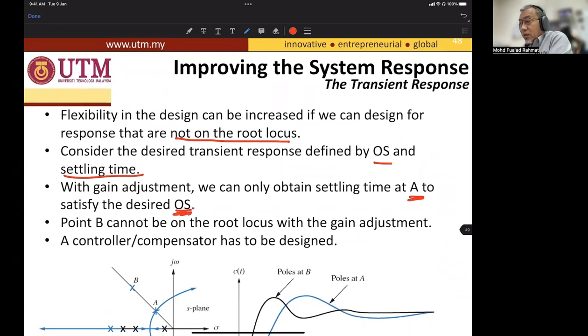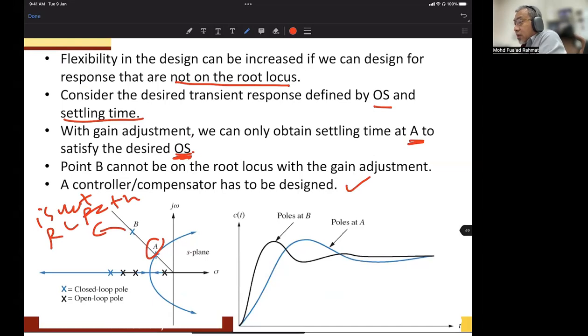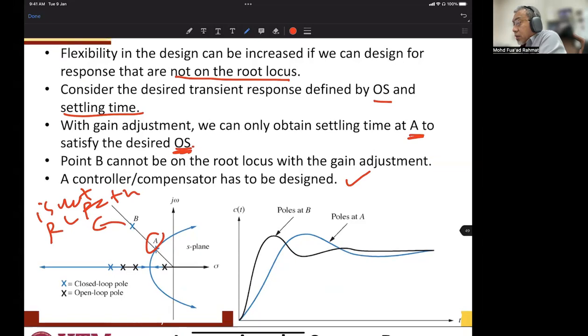Point B cannot be satisfied with the gain adjustment, as shown here, because point B is not on the root locus. As simple as that. That's why we need a controller, designed so that it can reach many points as long as they are not on the root locus.